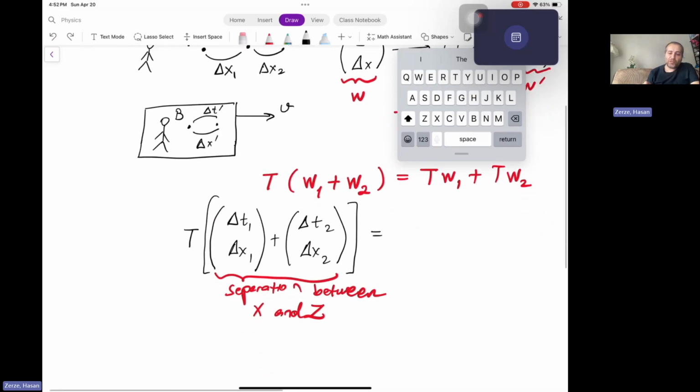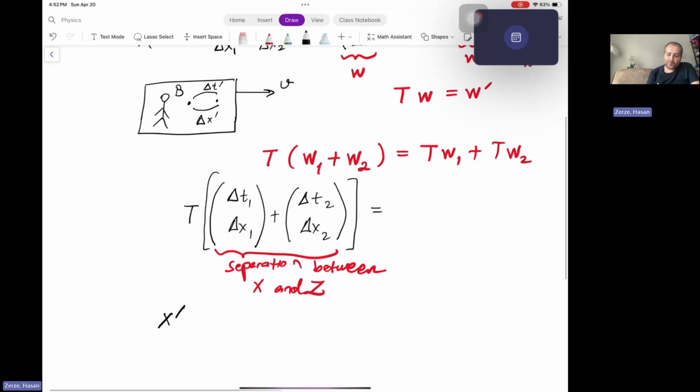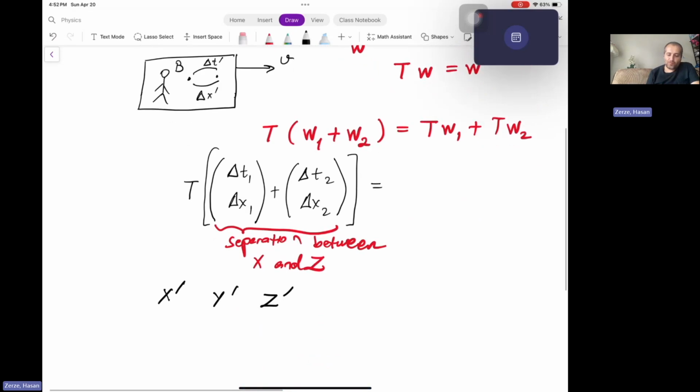But in the frame of B, if we call them X prime, Y prime, and Z prime, if you transform the separation between the X and Y as W1 prime and separation between Y prime and Z prime as W2 prime, then the separation between the X prime and Z prime will simply be W1 prime plus W2 prime.